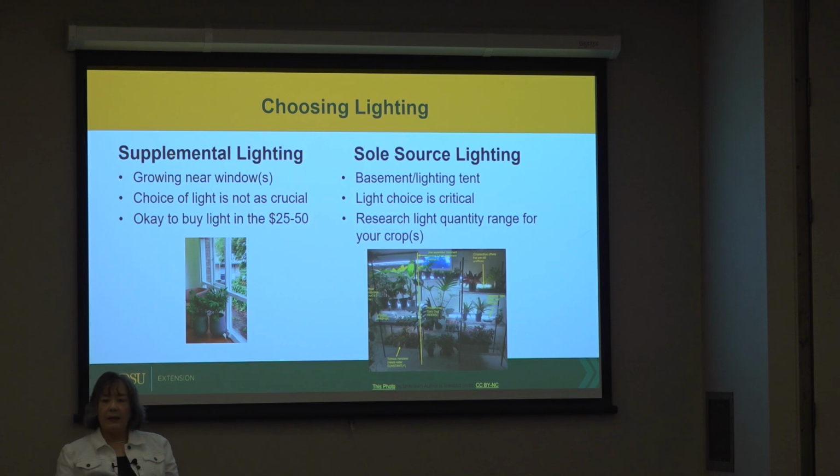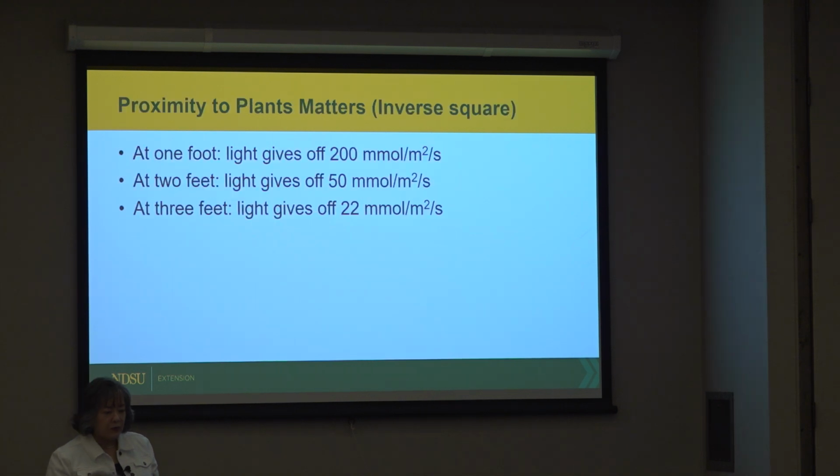So for supplemental lighting, you can easily get by in the $25 to $50 range. If you're using your lighting as sole source lighting in your basement, you're going to have to do more research, and you'll have to spend more money to make sure that you're getting the right spectrum, to make sure that you're getting the right light intensity. So you're going to need to research this.